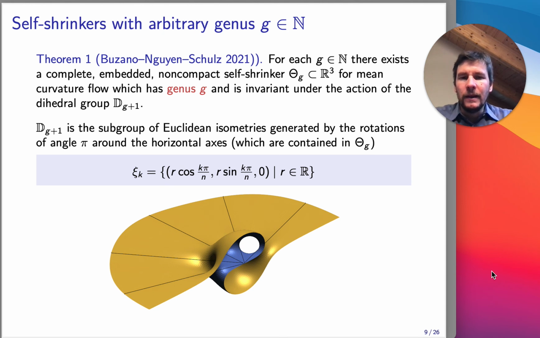Of course the dihedral group, the full group, also contains other elements. For example, if you do a rotation by 180 degrees around this axis, and then another rotation by 180 degrees around the next axis, then you just get a rotation around the vertical axis. So you also have these vertical rotations as symmetries.